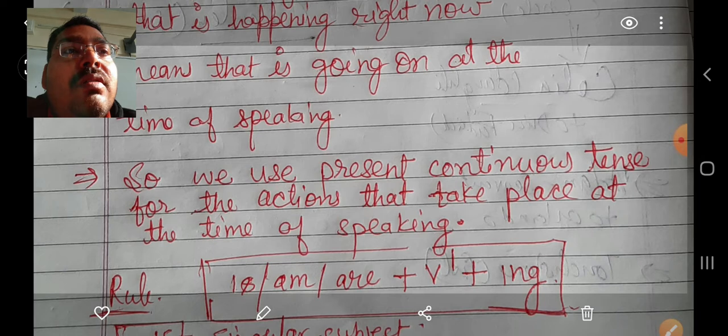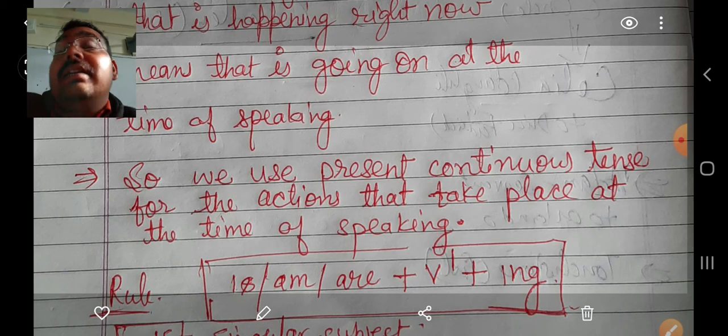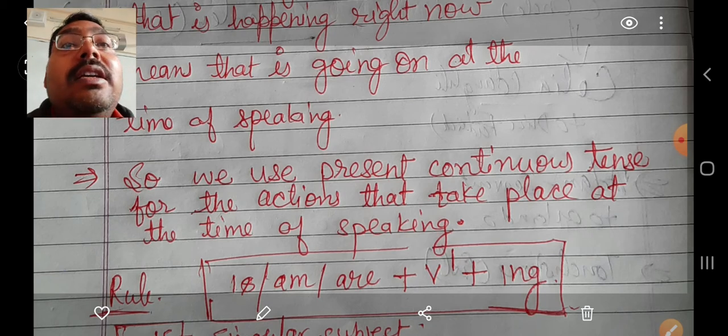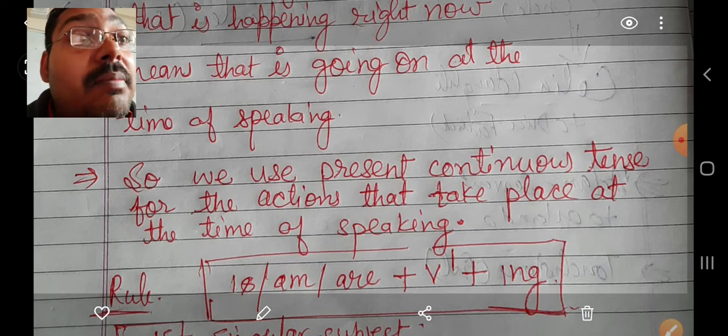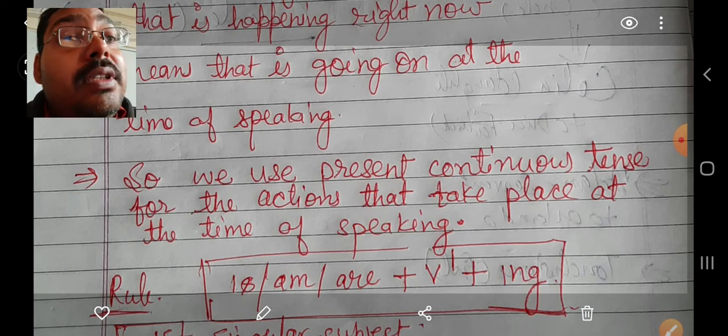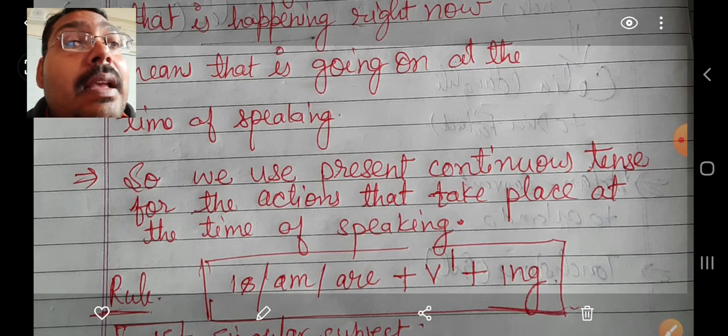So where do we use present continuous tense? We use present continuous tense for the actions that take place at the time of speaking. Whatever action is taking place at the time of speaking, we use this present continuous tense.